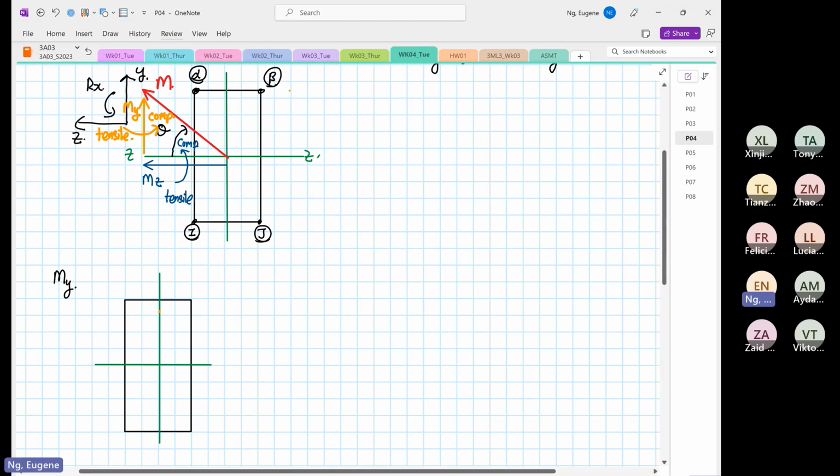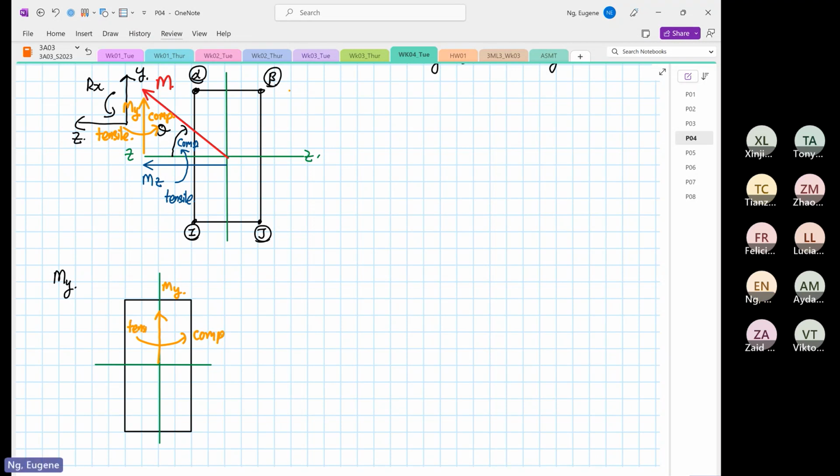Our moment about y is in this direction. If you use the right hand rule, this is compression, and this is tensile.